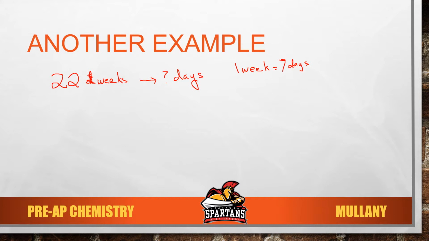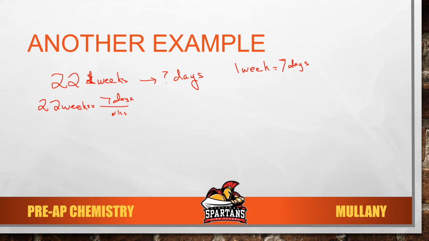Step 1. Write down what you're given to convert, which is 22 weeks. Now we're going to multiply this by a fraction with the unit you start with, weeks, on the bottom. I'll just say WKS for weeks. Days goes on top.